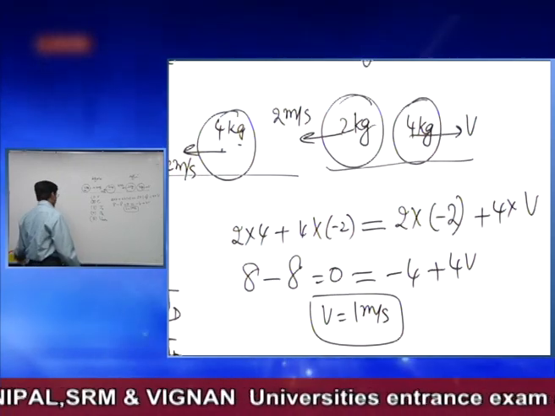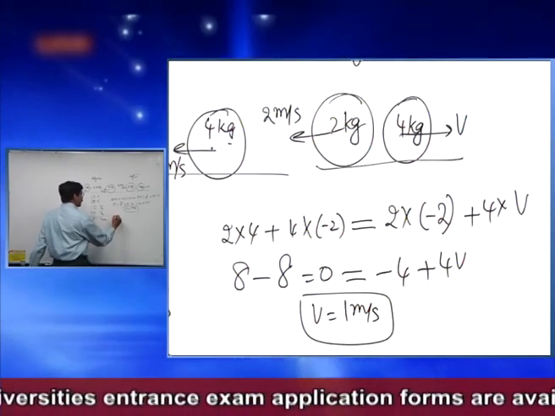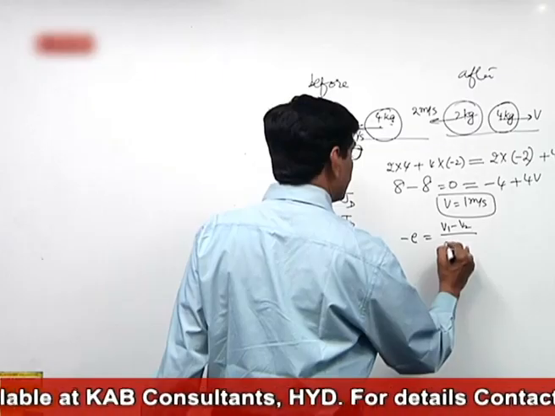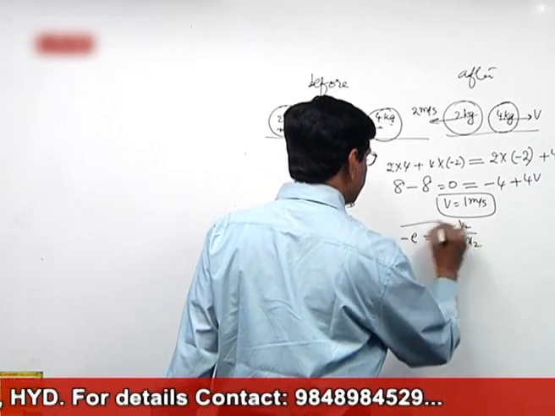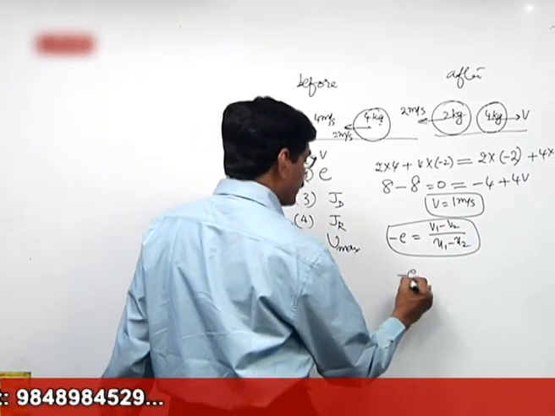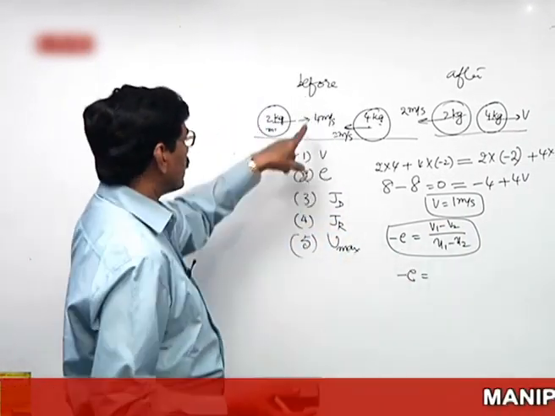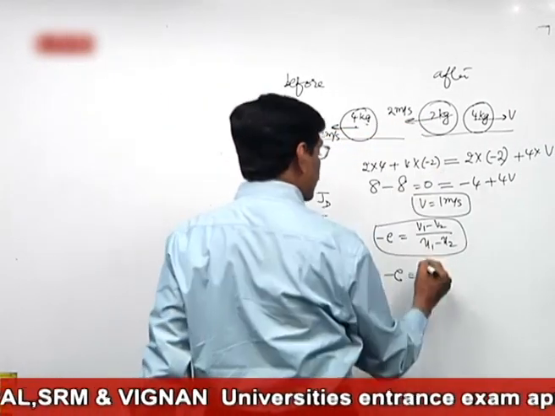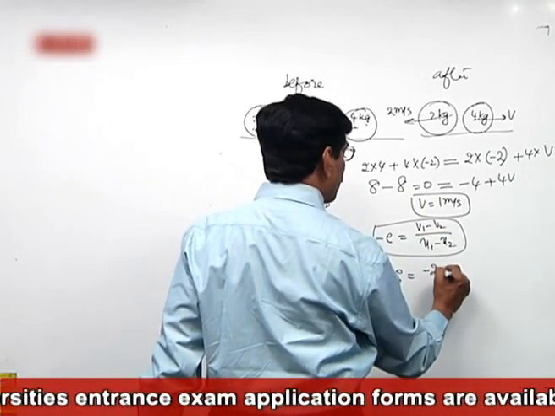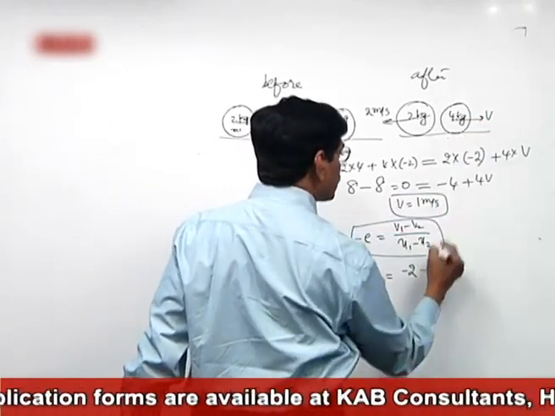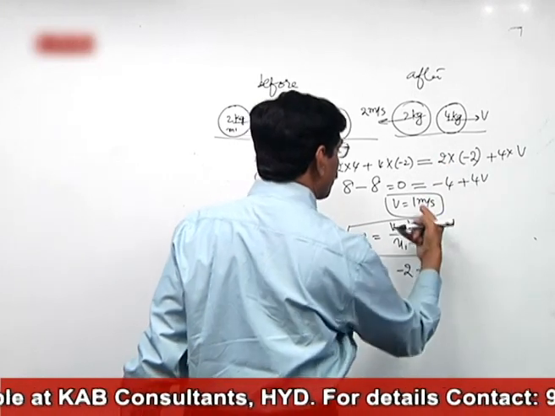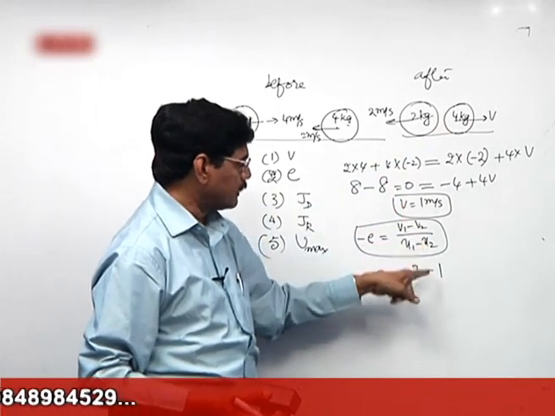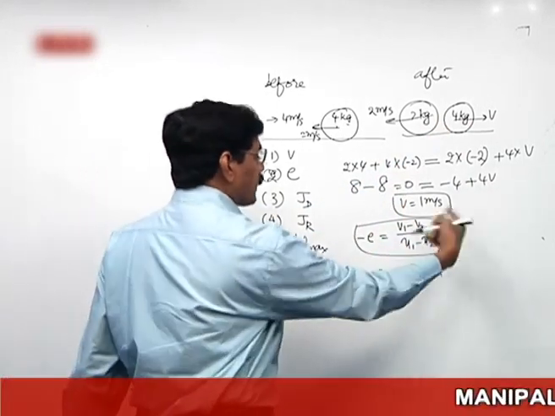Next is how to write the coefficient of restitution. The definition is (v1 minus v2) by (u1 minus u2), so minus e is equal to, what is v1? v1 is the final velocity of the first ball, that is minus 2, since it is moving towards left. v2 is the velocity of the second ball after collision, that is 1 meter per second towards right.